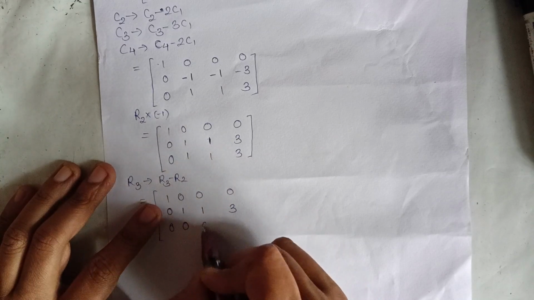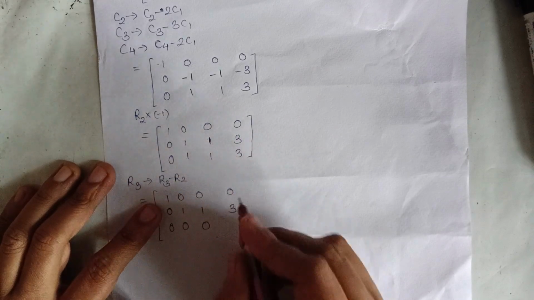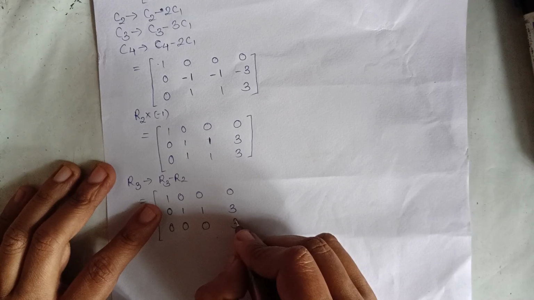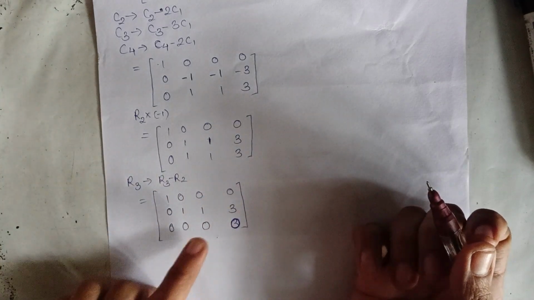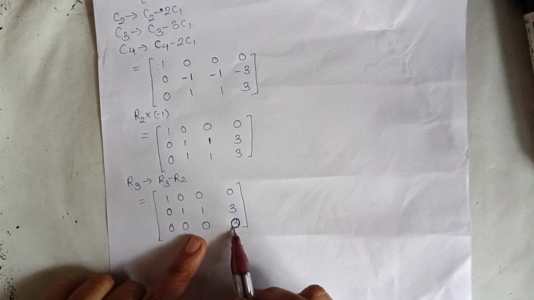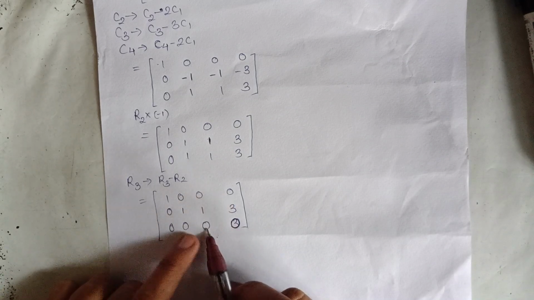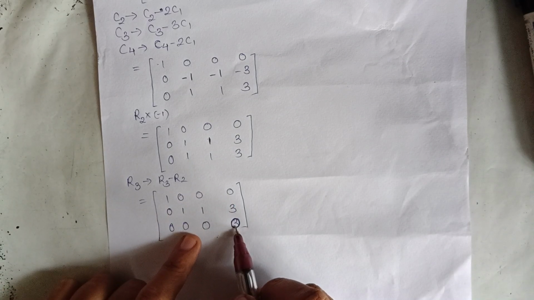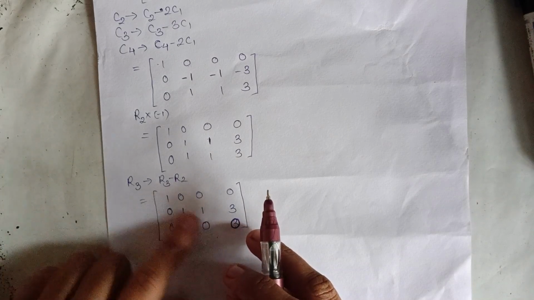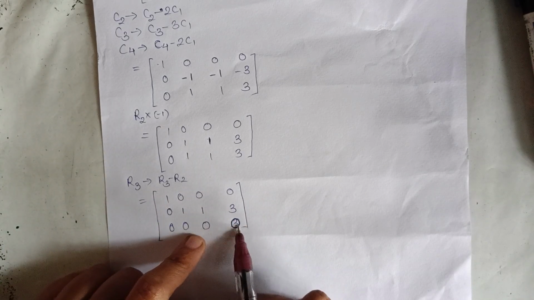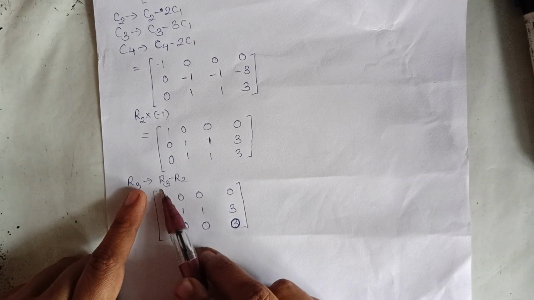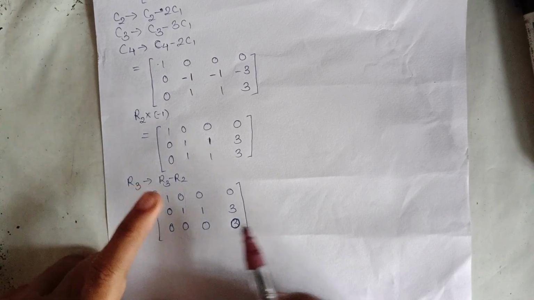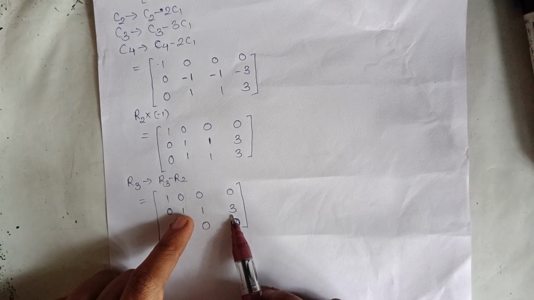So 1 minus 1, 0. 3 minus 3, 0. So we are getting the last two columns' elements 0. Here we are not getting 1 and we can't interchange also. So we have to stop here for the identity matrix and we have to make these two elements 0.